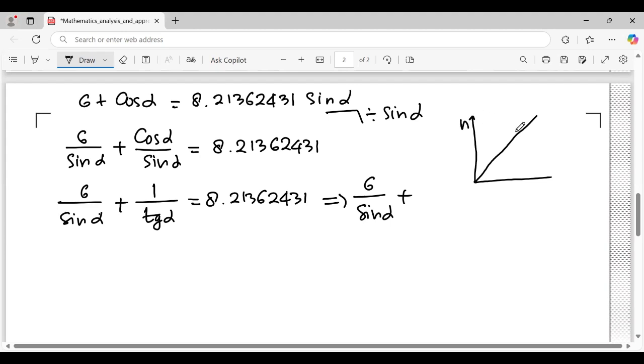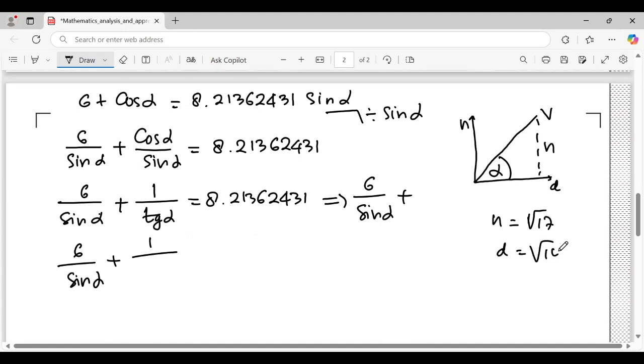is N, D, and this is phi, right? So if alpha is this angle, tangent alpha is N divided by D. So 6 over sine alpha plus 1 over N over D. According to the calculation, N is square root 17, and D is root 14.